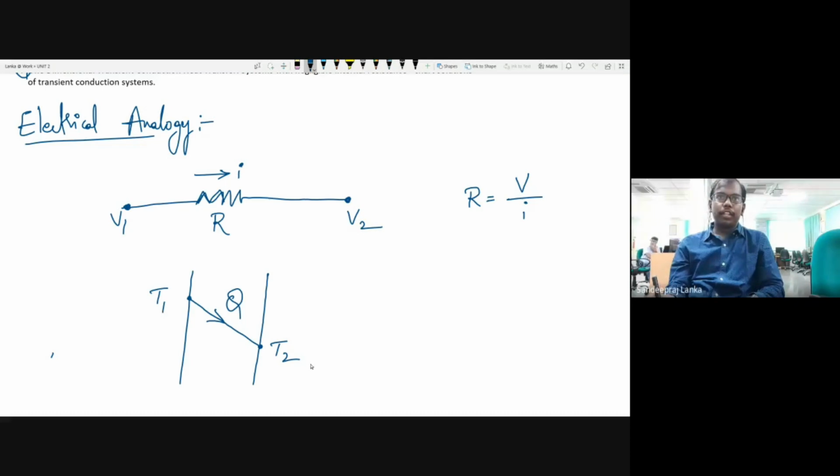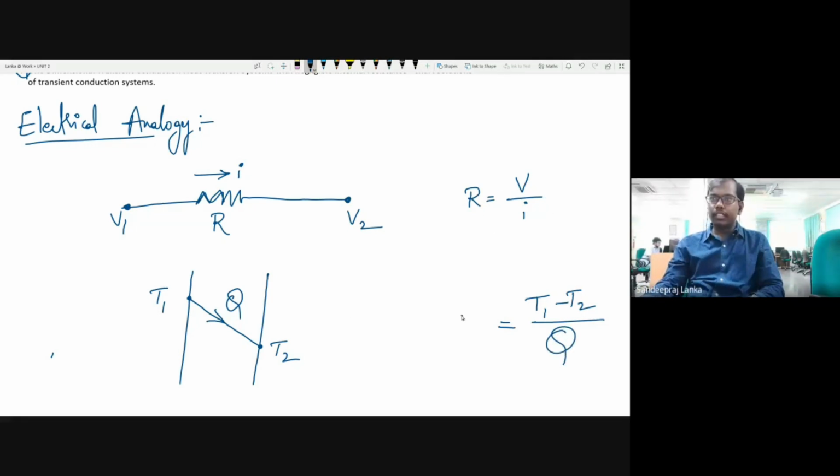Here, I have temperature difference. So, analogous to your temperature difference, you have voltage difference here. If I write the same equation here, in place of potential difference, what I have is T1 minus T2. In place of I, where current is flowing, heat is flowing here. So in place of I, I can have Q.